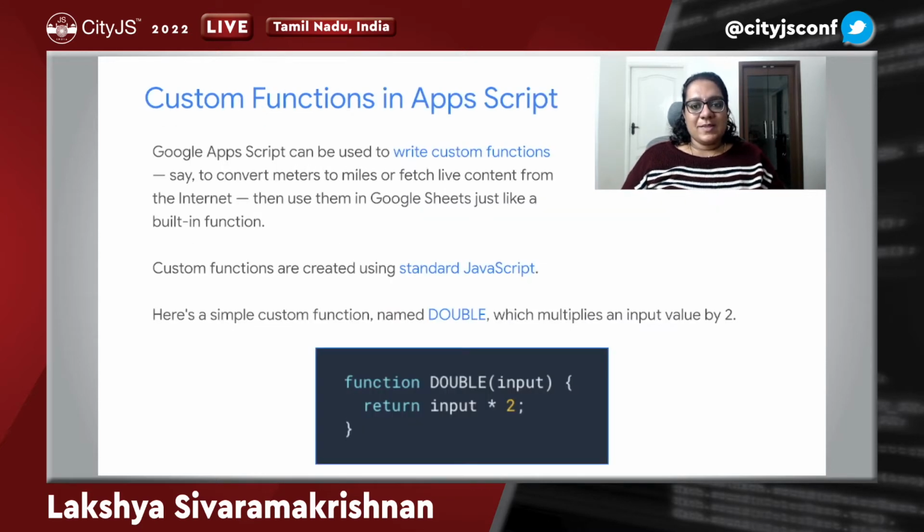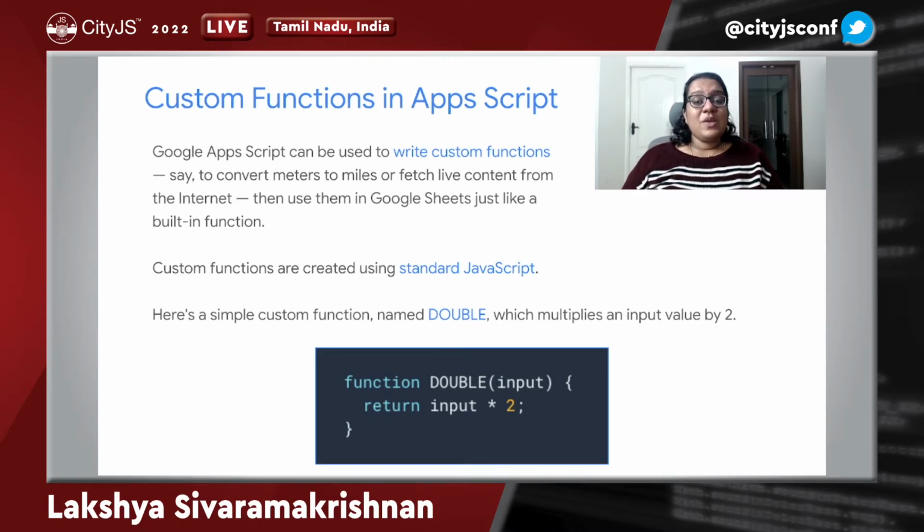So with this, let's see how we can get started with writing custom functions in AppScript. Google AppScript offers hundreds of built-in functions, like I told you: average, sum, VLOOKUP. And when these aren't enough for our needs, this is when we can write custom functions. Say you want to convert meters to miles, or you want to fetch live content from the internet.